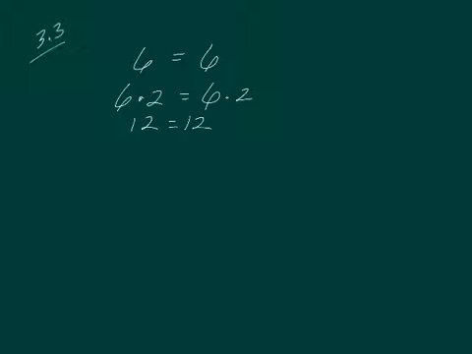Just like in the last lesson, when you could add or subtract any number, as long as you did it to both sides, it didn't change whether the left and right side of the equation was equal or not. Multiplication is the same thing. We can multiply any number times one side as long as we multiply the same number times the other side. In fact, we can even multiply letters, and we'll get to that later.